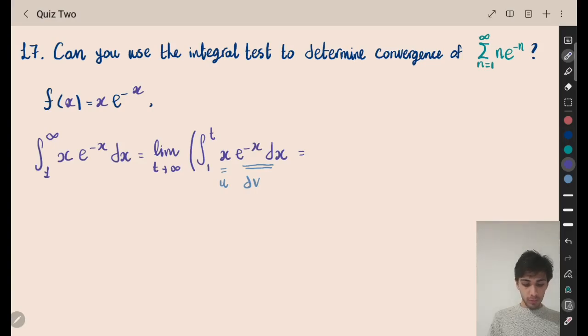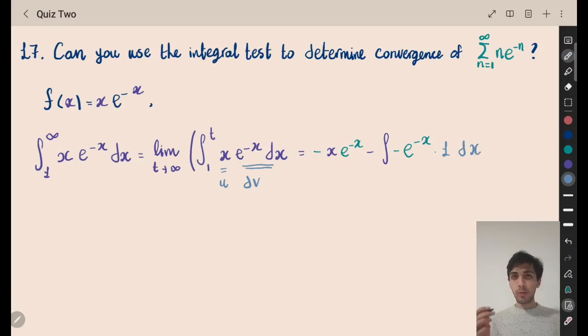Then you get minus x e to the minus x once you integrate this, and minus the integral of this integrated version of e to the minus x. So the integration of e to the minus x is minus e to the minus x. This is what I meant basically. And then here you multiply by the derivative of x, which is 1.